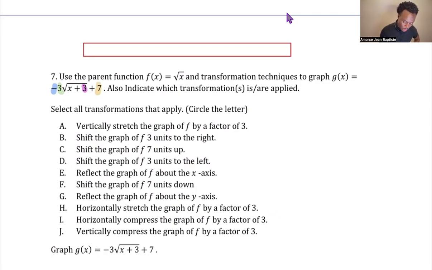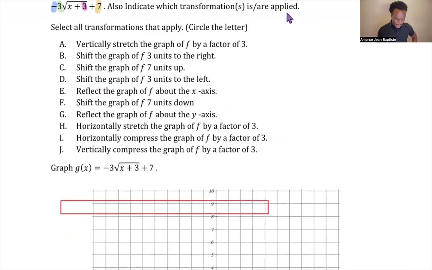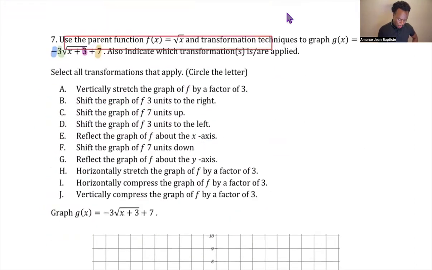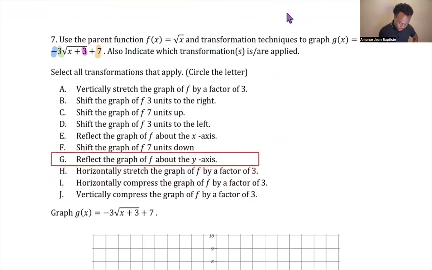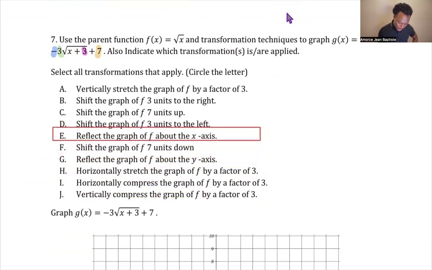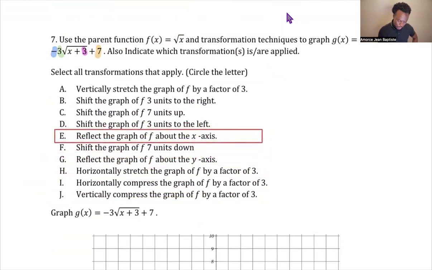Let's go ahead and find those parameters in the description. We have a reflection in the x-axis. We have a vertical stretch of a factor 3.